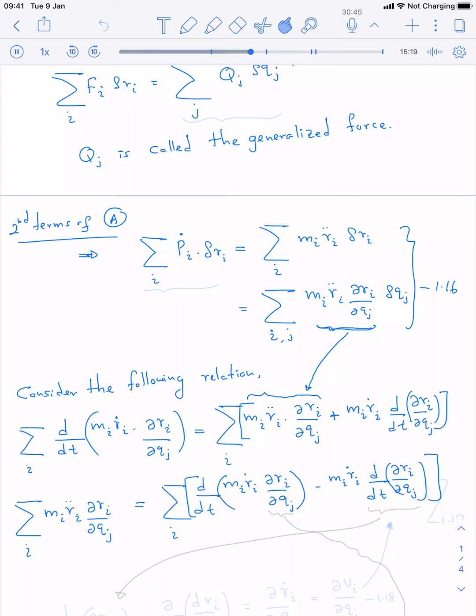This whole term, let me name this as maybe 1.17.